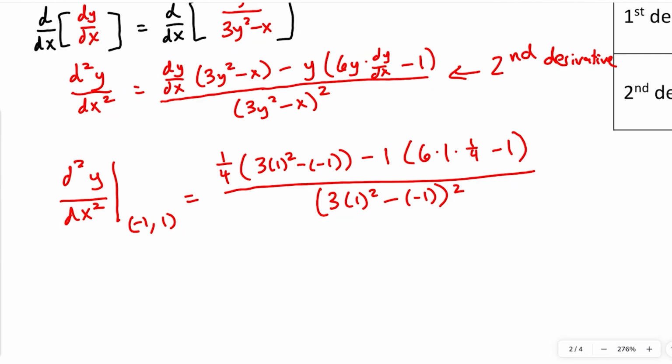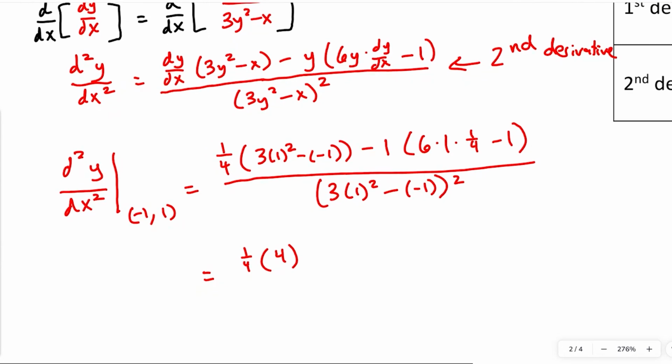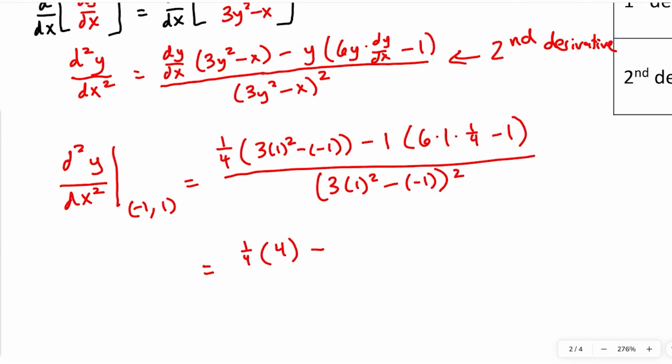Okay, so let's go to work here. 1/4 times, we got 3 plus 1, so that's 1/4 times 4. I'll just leave that as it is. Minus 1 times 6 times 1 times 1/4. Okay, 6/4 is what? 3/2.